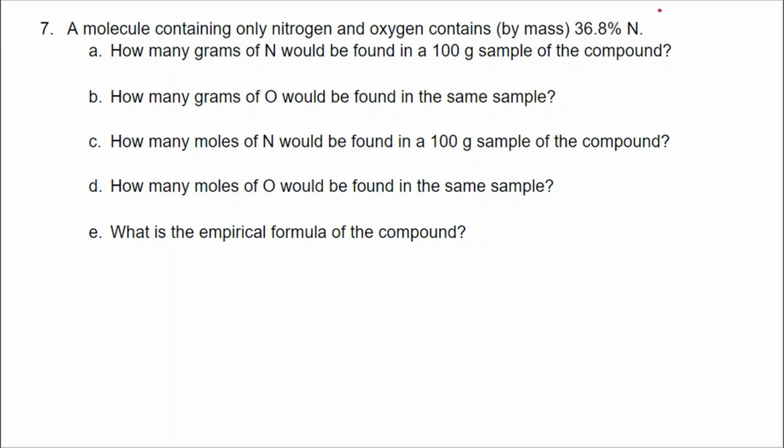So that's going to be 63.2% oxygen. So what we're going to do is we're going to assume that we have 100 grams of this compound. If we have 100 grams of this compound, 36.8% of them are nitrogen. So that would mean that we have 36.8 grams of nitrogen in this sample.